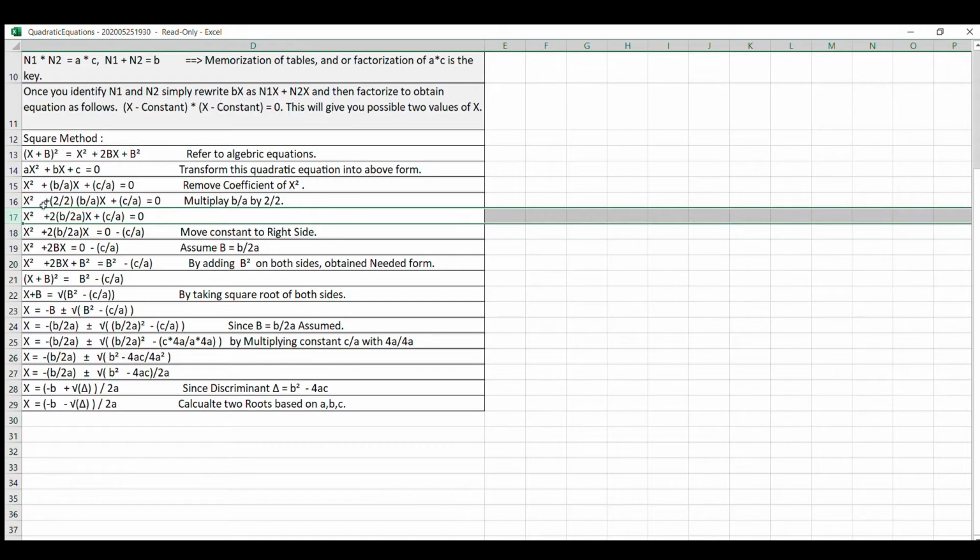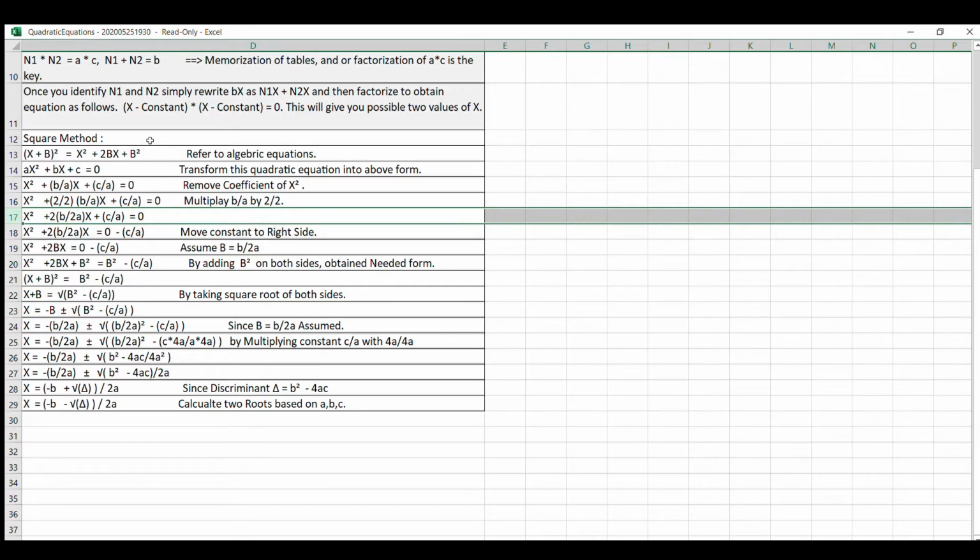Look at line number 17: x square plus 2 into bracket b by 2a x plus c by a is equal to 0. So you took the 2 out and in the denominator you left 2, with b by 2a. So now this equation reads x square plus 2 into bracket something x plus c by a.